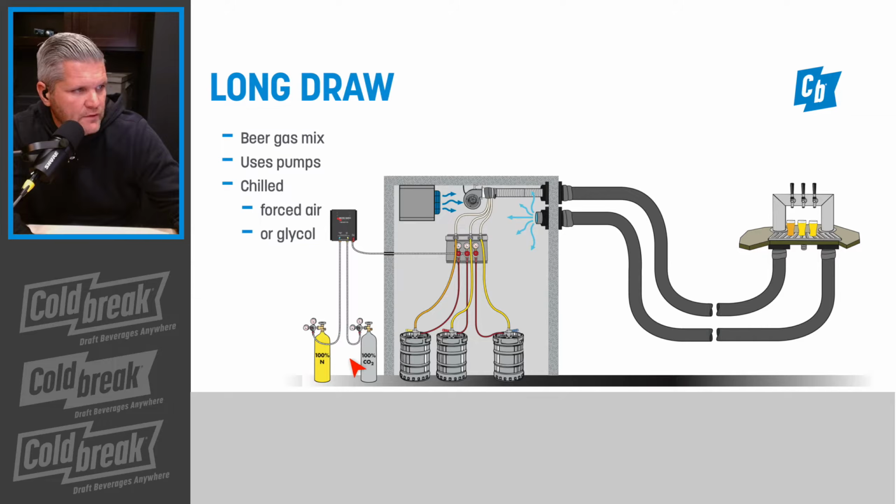So here we have the same type of setup. We've got gas feeding to the keg, and the gas pushes down on the beer. The beer goes up through the keg into the beer line and then into the main trunk line. The trunk line here would be a glycol, or this one's air chilled, system that goes into barrier tubing.